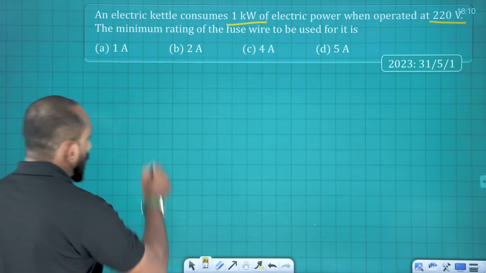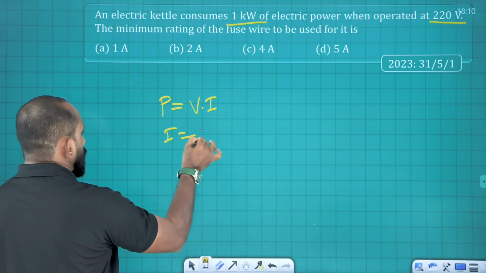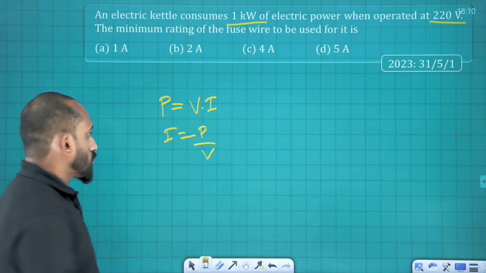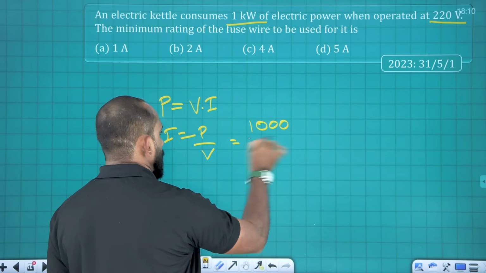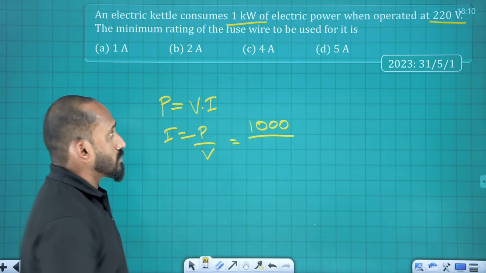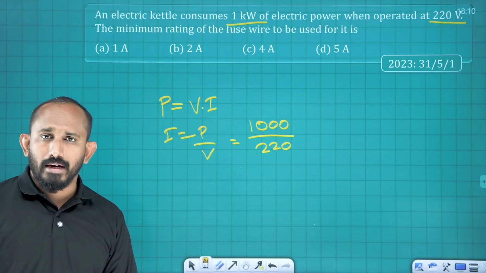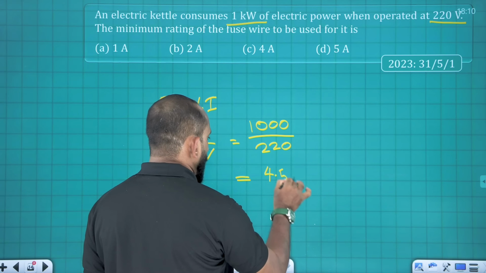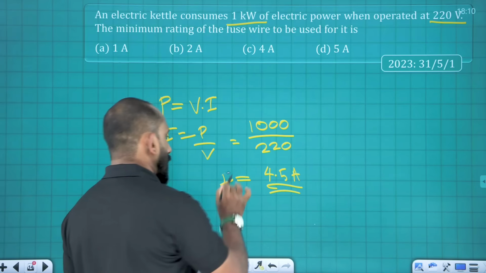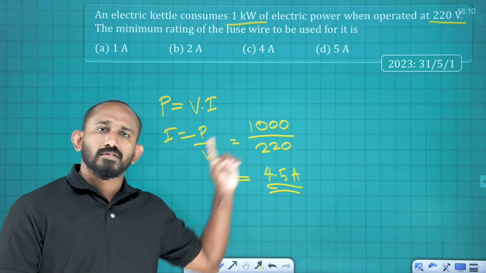We have power P equal to V into I, or I equal to P by V. So power is how much? 1 kilowatt, that is 1000 watts divided by V, the voltage, 220 volts. So it is approximately equal to 4.5 ampere. That is I.